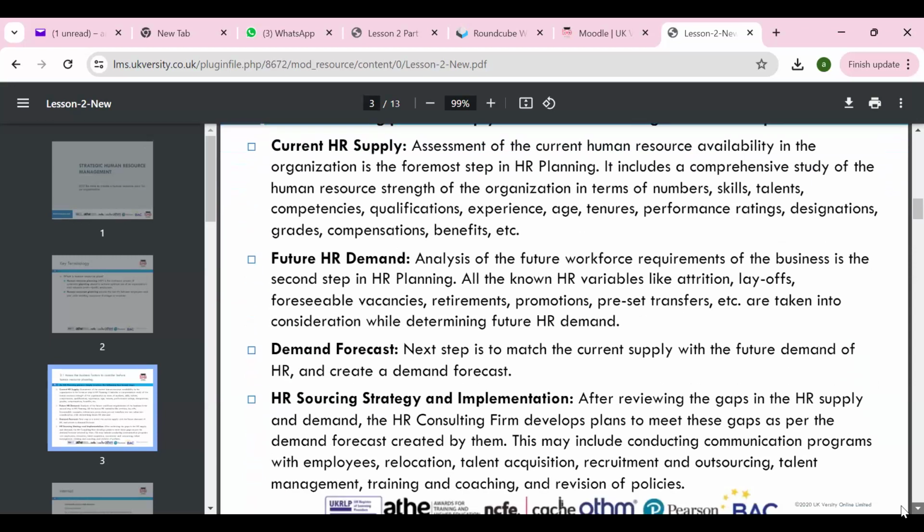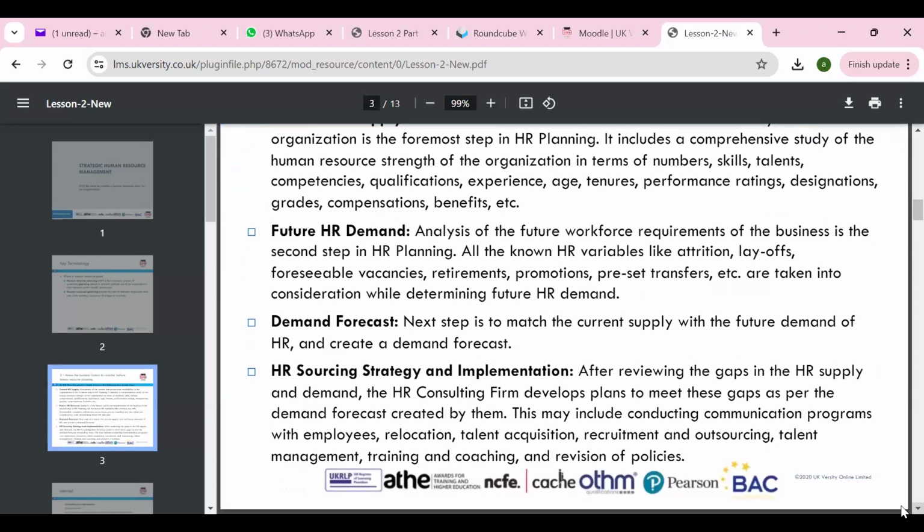We can look at the future demand, an analysis of the future workforce requirement of the business. The second step in HR planning is to account for known HR variables like attrition, layoffs, foreseeable vacancies, retirements and promotions. Like, how much is your future plan for growth?